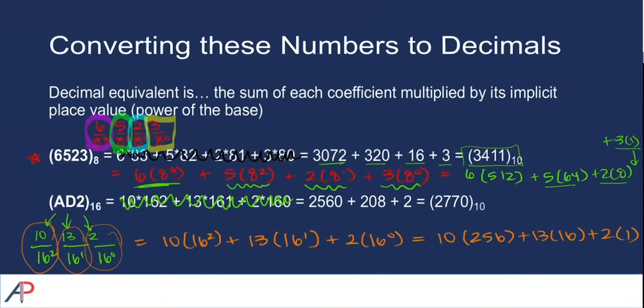If we simplify this, first multiplying each individual part and then finding the sum of these expressions, we should get 2,770 as our decimal representation of our previously written out hexadecimal number.